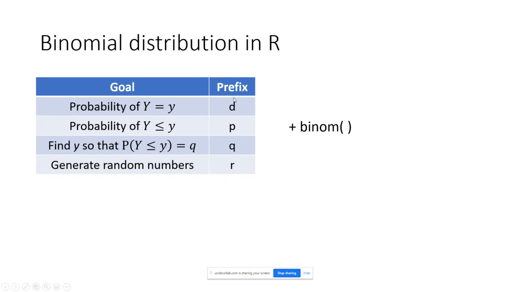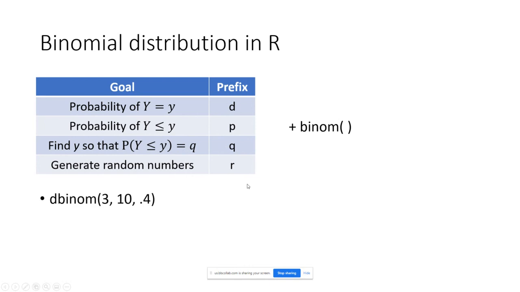The prefix d plus the stem binom gives the probability that y equals little y. The prefix p gives the cumulative probability that y is less than or equal to little y. q is finding the value of y so that the probability that y is less than or equal to y equals q. And r generates random numbers from the binomial distribution.